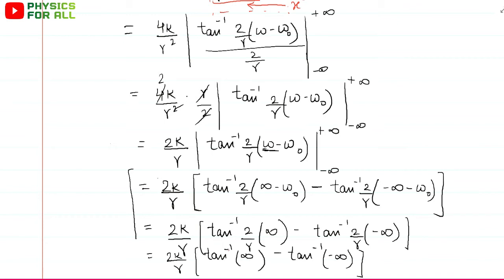You must have remembered that whenever we have tan 90 degree, that is not defined. And anything which is not defined, we denote it by infinity. So tan pi by 2 is infinity.